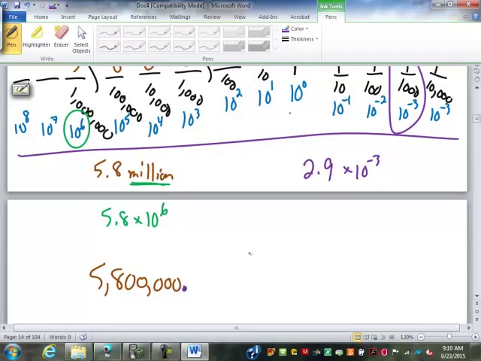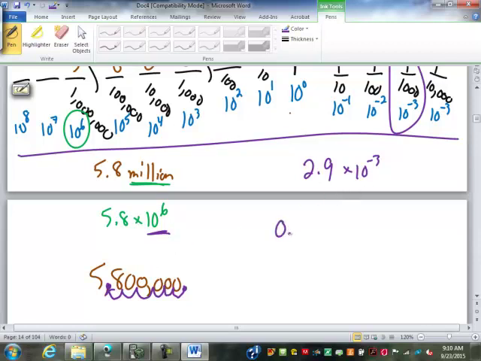When we put numbers in scientific notation, though, we only want to have one digit in front of the decimal point, and it cannot be a 0. So we want the decimal point to be here, 5.8. How many places does it have to move? 1, 2, 3, 4, 5, 6. Hence, 10 to the 6th. The decimal moves 6 places.